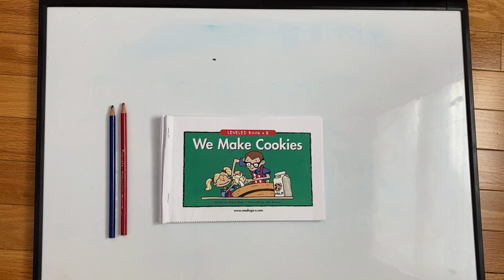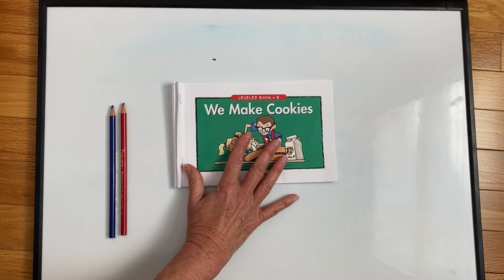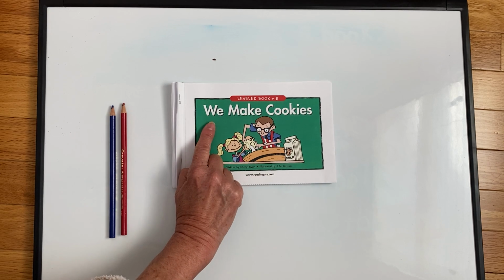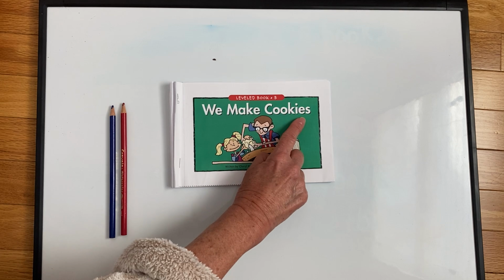I'll give you a second to get organized. And what I would like for you to do is take your reading finger and let's read the title together. Here we go. We make cookies.